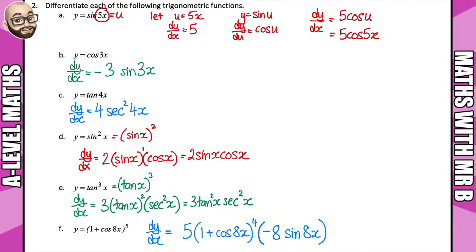And again, I could maybe write this one a little bit nicer as minus 40 sine 8x times by 1 plus cos 8x to the power 4.